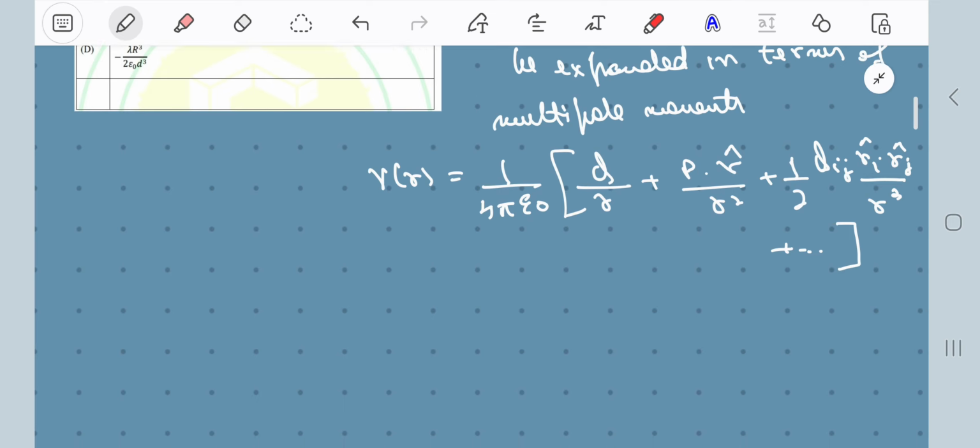We can stop this expansion at this point because हम लोग को quadrupole जानना है और quadrupole moment का tensor quantity जो है वो है Qij.